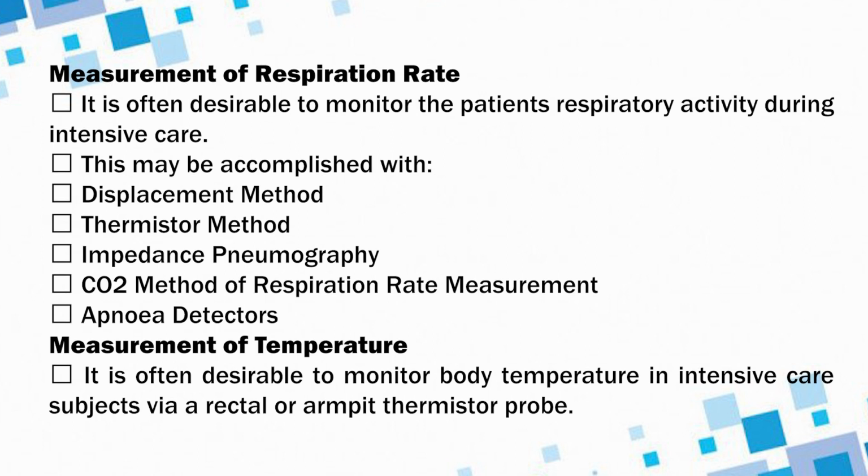This may be accomplished with the displacement method, thermistor method, impedance pneumography, CO2 method of respiration rate measurement, and apnea detectors. It is often desirable to monitor body temperature in intensive care subjects via a rectal or armpit thermistor probe.